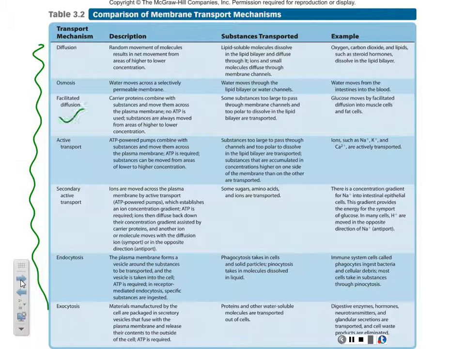And this is one, facilitated diffusion, the type of mediated transport, right? And the secondary active is also mediated transport. Active transport, also mediated transport.